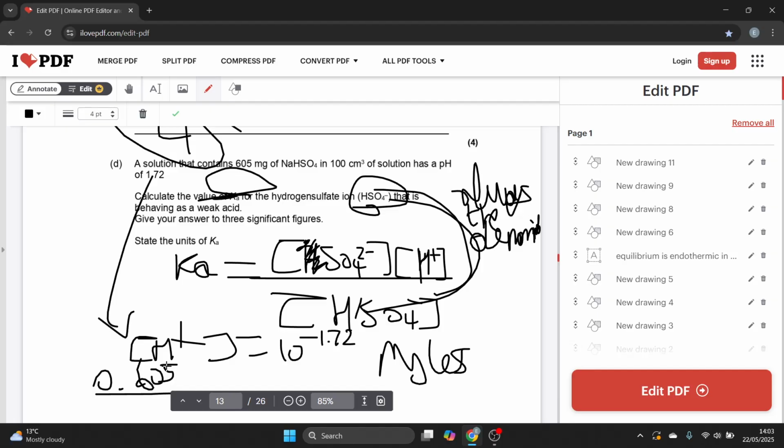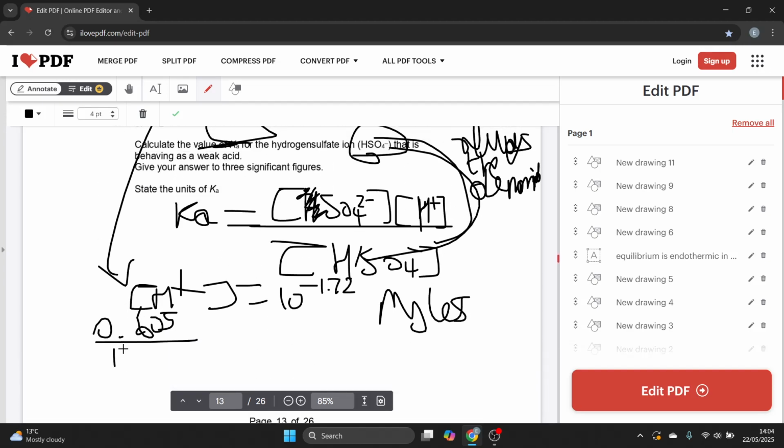Sulfur is 32, isn't it? It's 32 plus 23, 55. 55 plus 64, 119. So 120. You get that as 5.4 times 10 to the power minus 3.